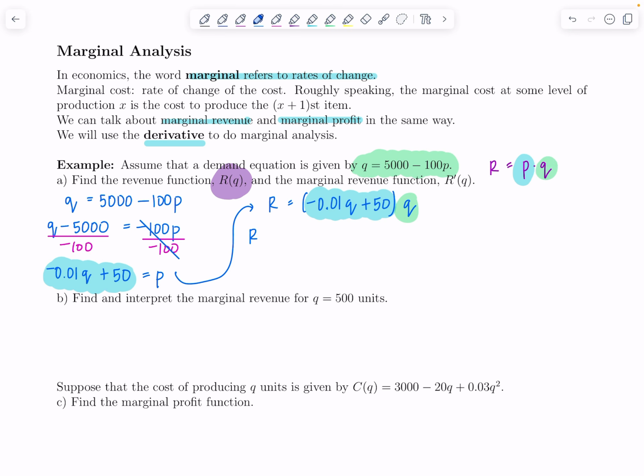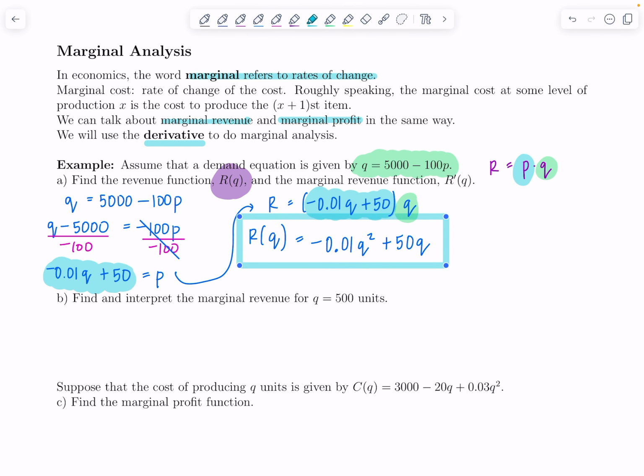So now R is a function of Q, right? There's only Q's on the right-hand side. And then just distribute this Q through. So that's negative 0.01Q squared plus 50Q. Whew, we made it. Okay, there's R of Q.